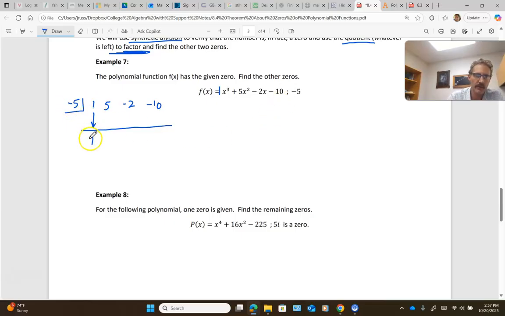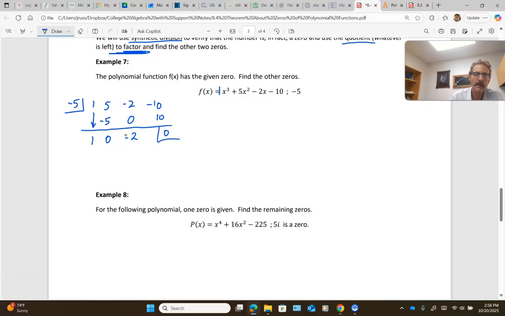Remember, drop down your first number, then you start multiplying and adding. -5 times 1 is -5. 5 plus -5 is 0. -5 times 0 is 0. -2 plus 0 is -2. -5 times -2 is +10. And in fact, we get 0.